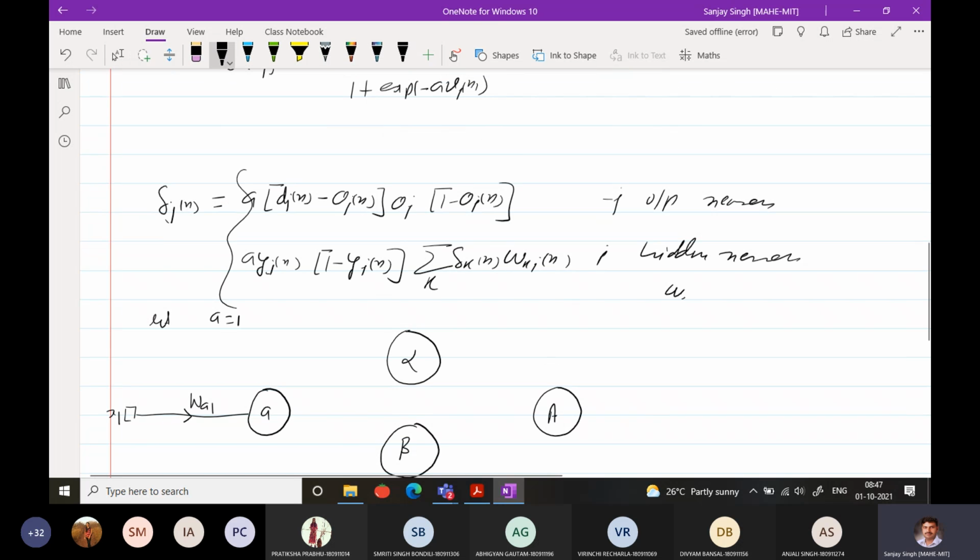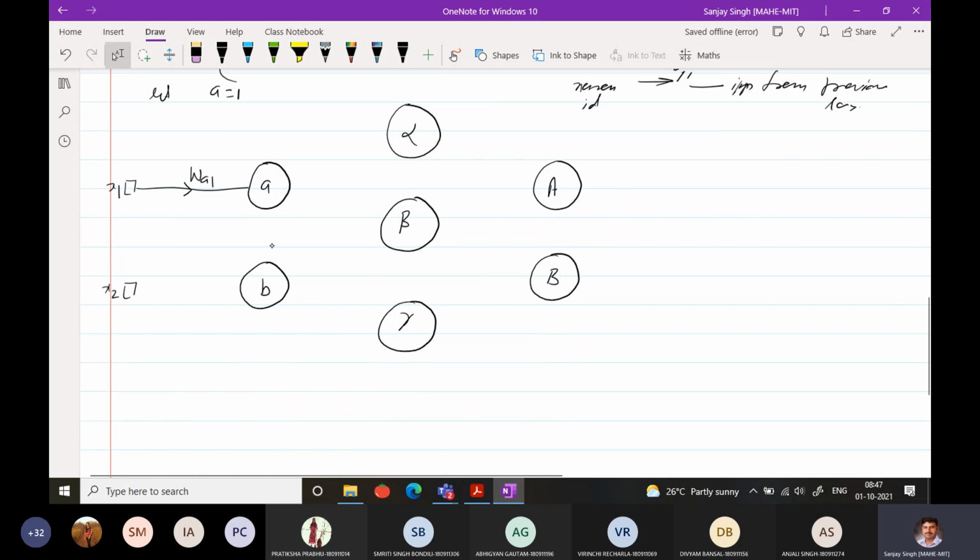When I say WJI, I indicates input from the previous layer, and J is the neuron ID. So this input is coming to the neuron A, so this is WA1.